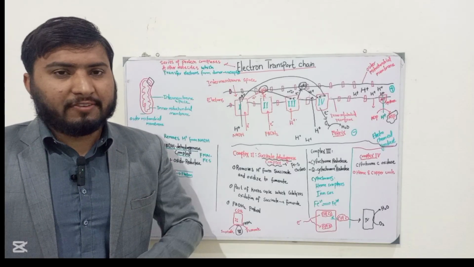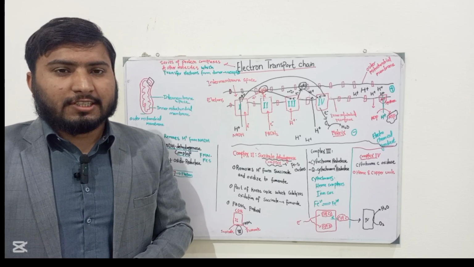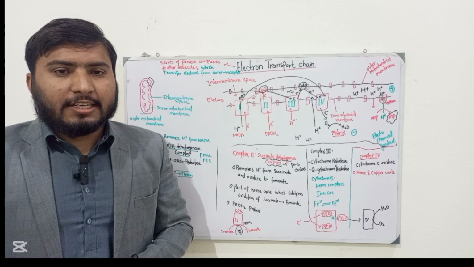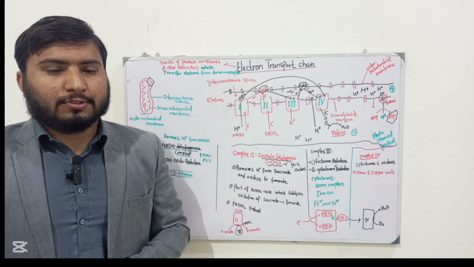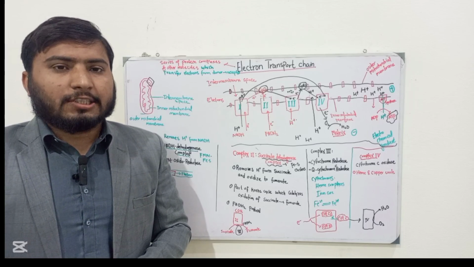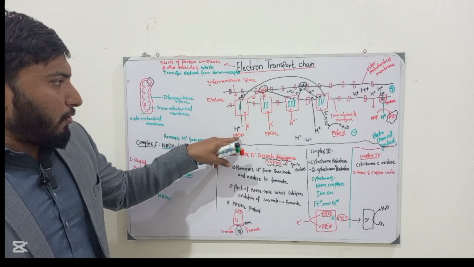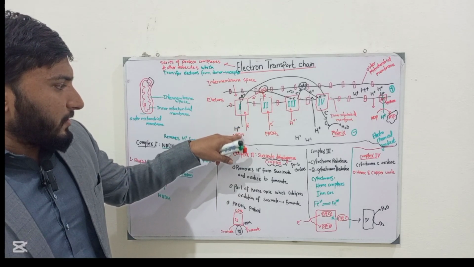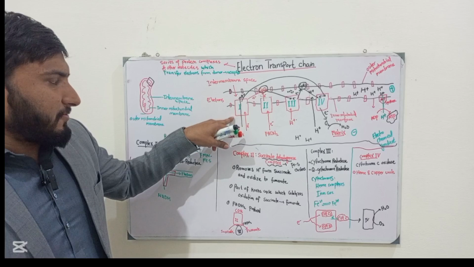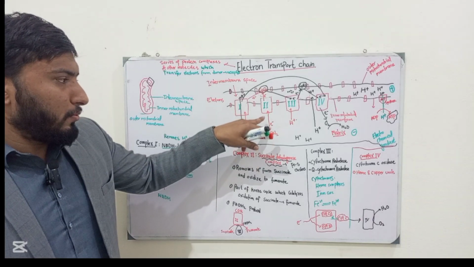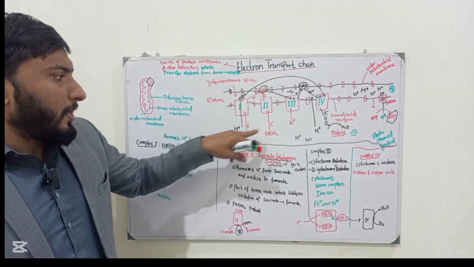We discussed in previous lectures of citric acid cycle that during citric acid cycle NADH and FADH2 are produced, which are reducing agents. NADH transfers electrons to complex 1 and FADH2 transfers electrons to complex 2.